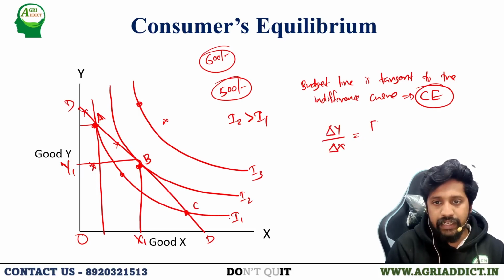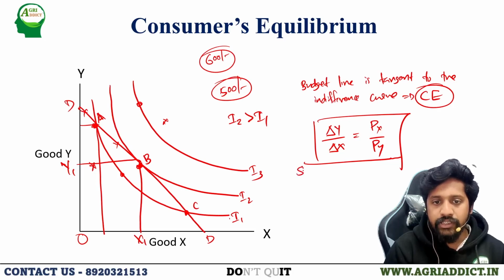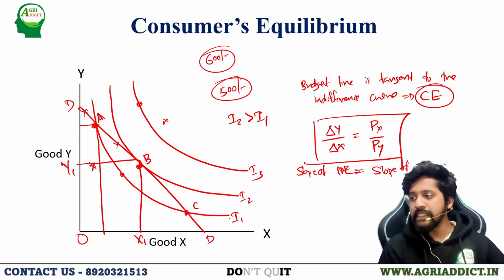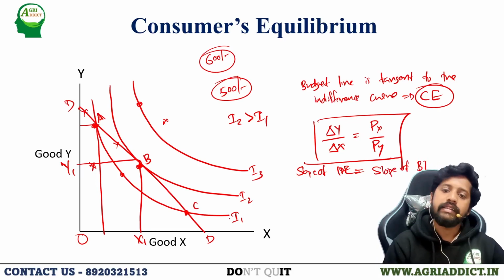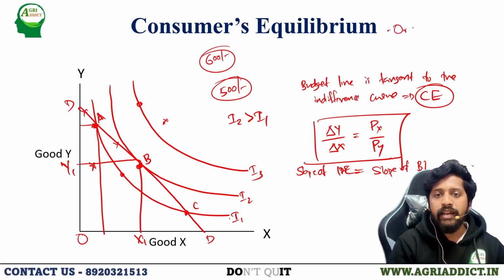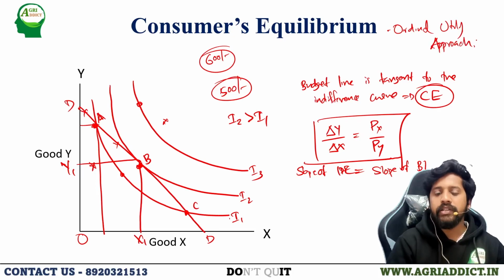So when delta y by delta x, the slope of the indifference curve, is equal to px by py, the slope of the budget line, there comes the consumer equilibrium. This is how the consumer equilibrium is derived in the ordinal utility approach. I hope the concept is clear.